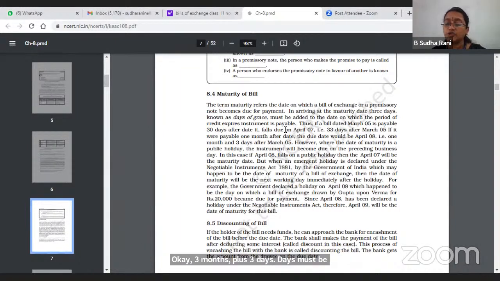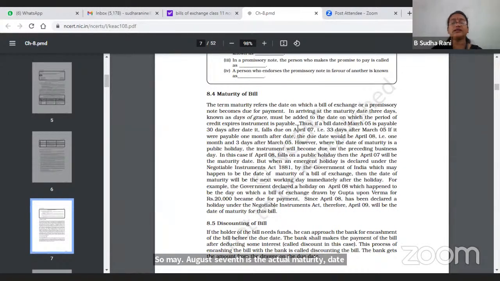From today, 3 months means May, June, July, completing 3 months. So August 4th is the maturity date of the bill. From that, add 3 grace days: August 5th, 6th, 7th. So August 7th is your actual maturity date, including grace days.